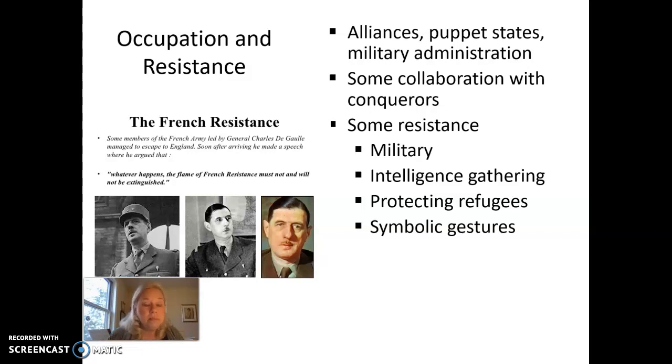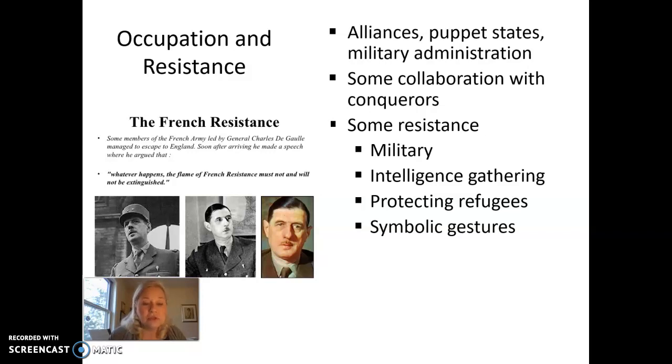We know that many people protected refugees. For example, Corrie ten Boom is someone who was in Holland who took Jewish refugees into her home and had them hide there. There's a book called The Hiding Place about her doing that. And then, of course, many people know about Anne Frank and the family that took Anne Frank's family in to protect them from the war, and unfortunately, they were discovered.